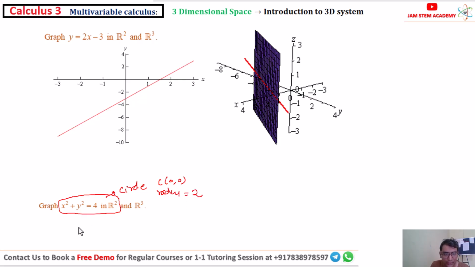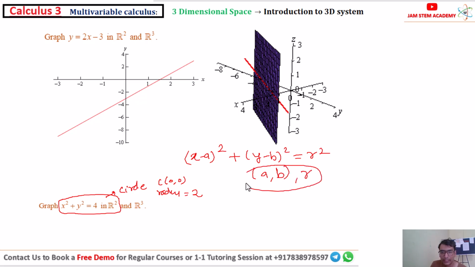Because the equation of the circle is given by (x minus a) whole squared plus (y minus b) whole squared is equal to r squared, where (a, b) will be the center. So in this case we have (0, 0) and r will be the radius. Here I have 4, which I can write as 2 squared. So the radius is 2 units overall.